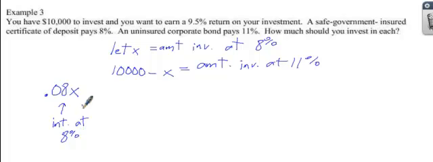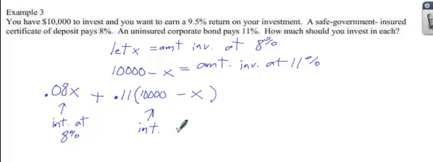It's not the total money that I earn, and it's not the total money that I have. It's just the total interest that I earn. Plus, I'm also going to invest some at 11%, so that's going to be 0.11. And the amount there is a little more complicated. It's 10,000 minus X. And that's the amount of interest that I earn at 11%.